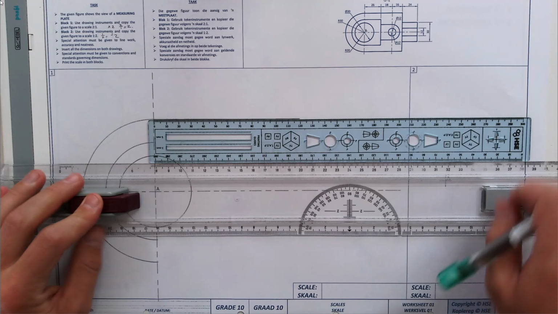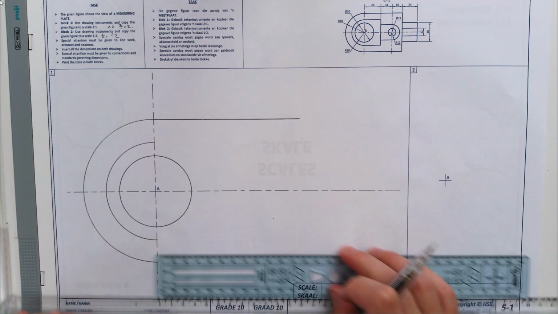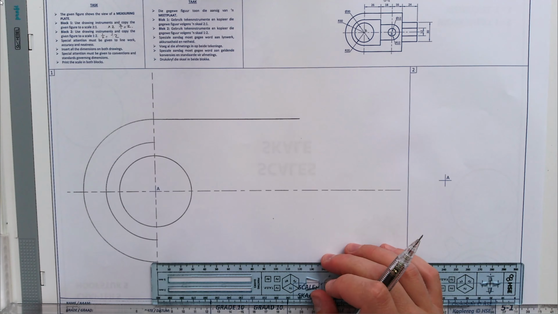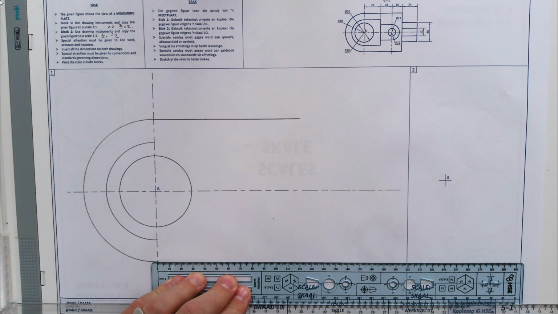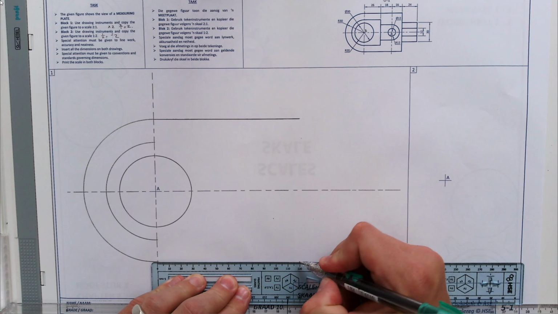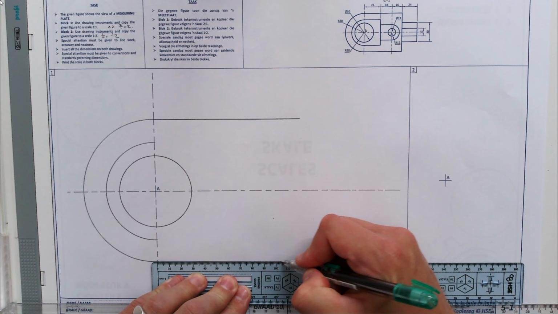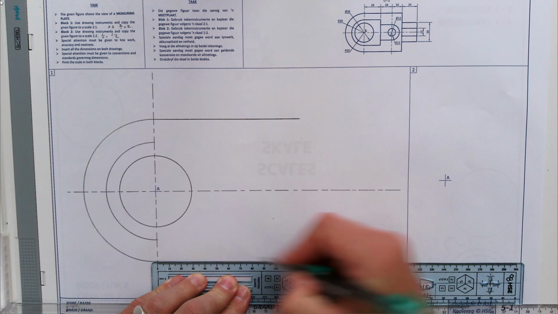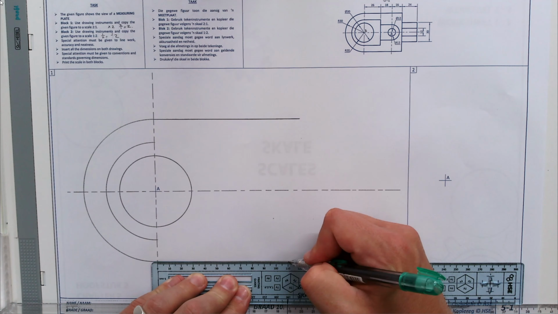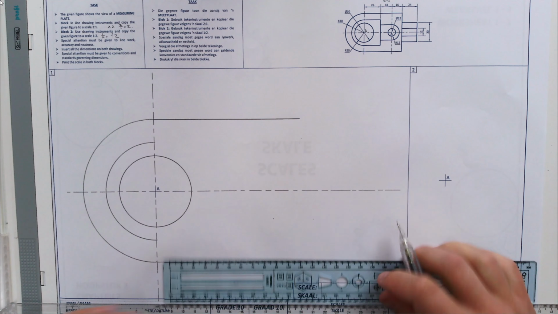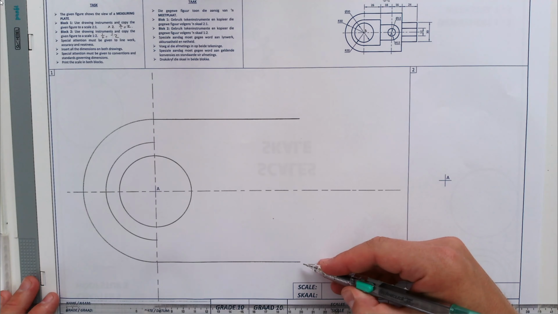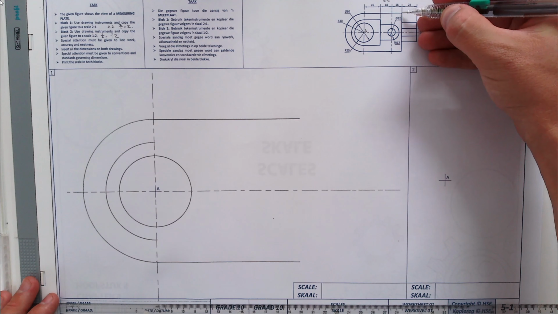And we're going to do the same down here. 120. We close it with a vertical line, you can see it's closed over there.